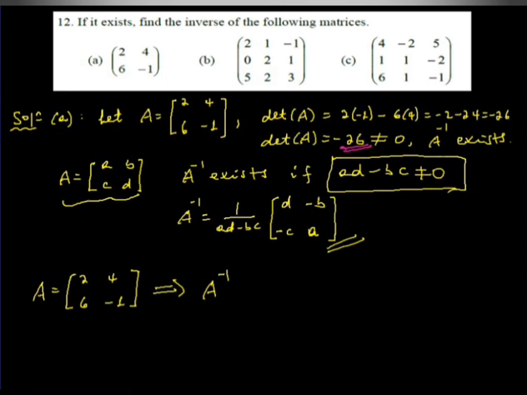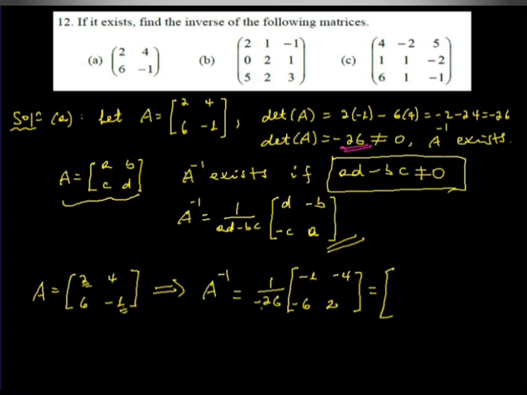The inverse of this matrix will be 1 over the determinant times the matrix where we swap the diagonal entries, minus 1 and 2, and the rest are multiplied by negative.